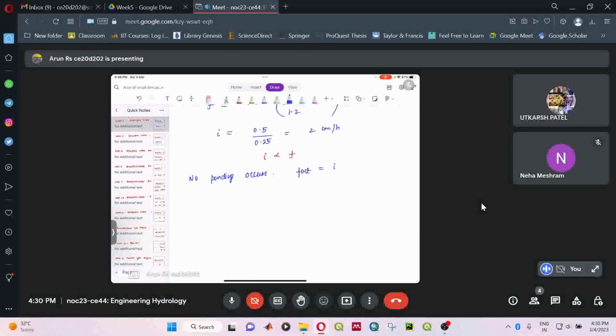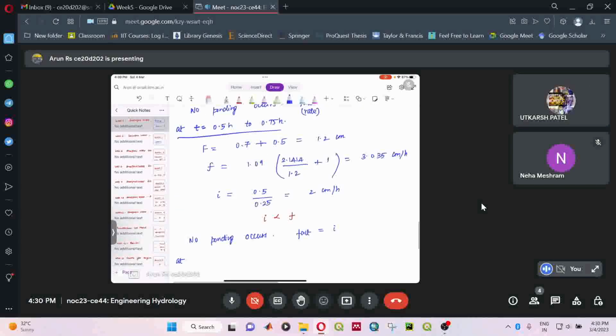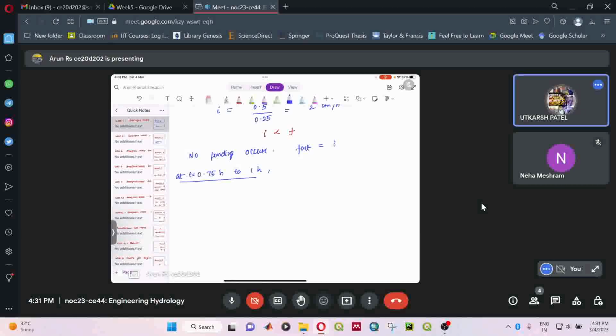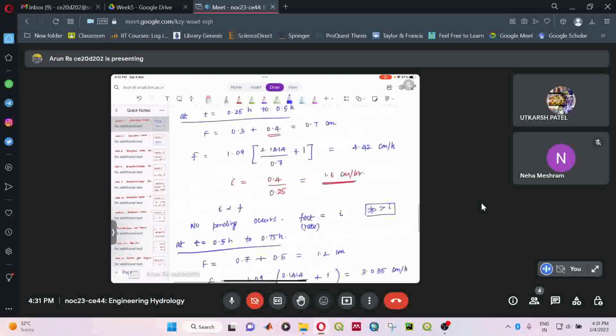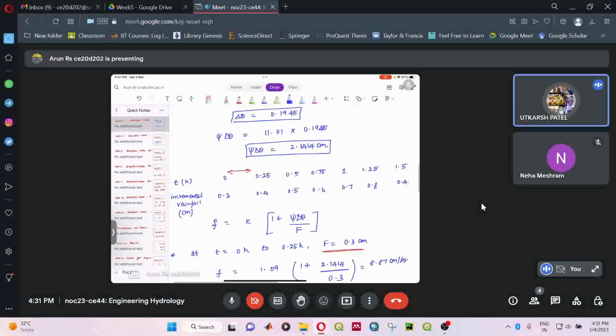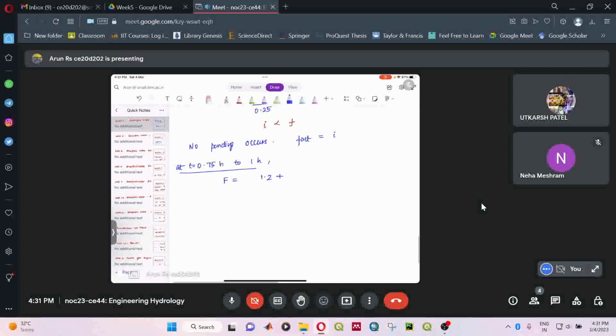So now we can come to the next time step, 0.75 to 1 hour. Your cumulative infiltration is your previous infiltration plus the rainfall in the next time step, 1.2 plus 0.6, that is 1.8 centimeters.